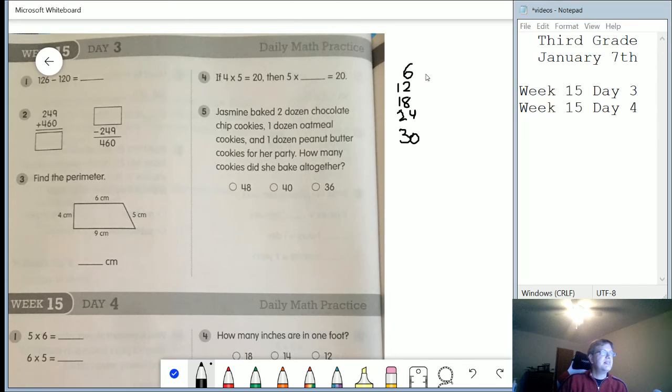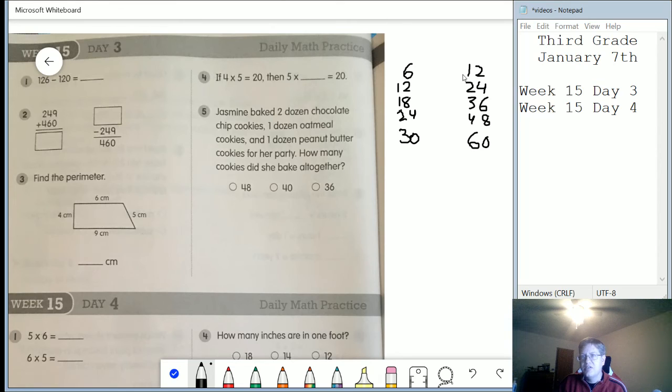So for instance, we would do 6 plus 6, and that would give us 12. 12 plus 12 would give us 24. 18 plus 18 would give us 36. 24 plus 24 would give us 48. 30 plus 30 would give us 60. So we can take this number and multiply it by 2 basically, or double this number to get our numbers for 12.